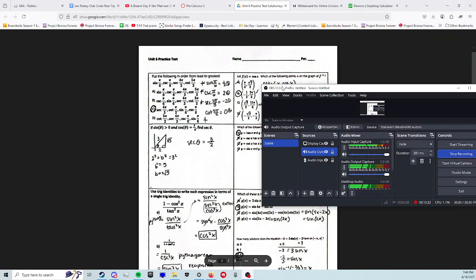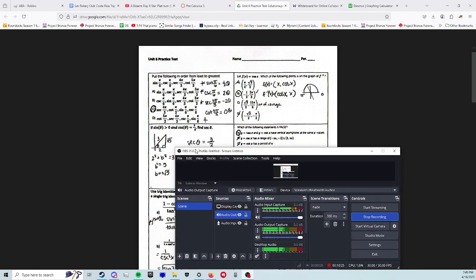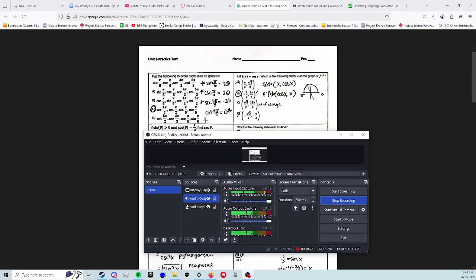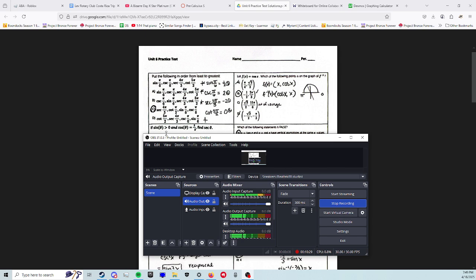Okay, our third question. Again, we're going to take a look at our identities sheet, so I'd keep that on you, like pull up a screenshot of it. If sine theta is larger than 0 and cosine theta equals 2 over 3, find secant theta.